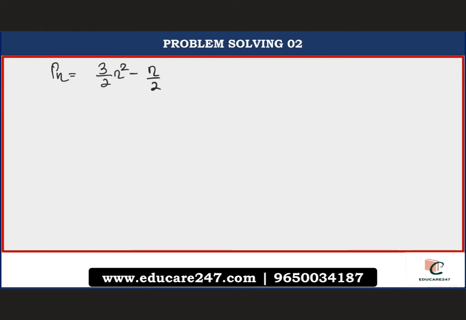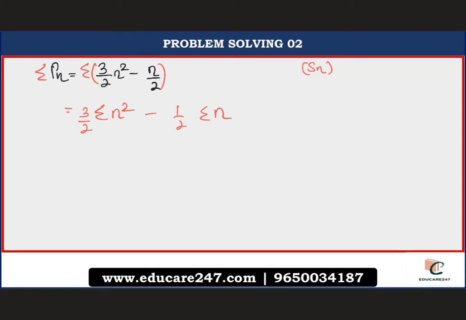Now since we have got the value of the nth term, we'll have to find the summation because we need the sum of all the n terms. So we'll take summation on both sides. So you'll have summation, this 3 by 2 comes outside and this n square, minus 1 by 2 comes outside and this summation n over here.